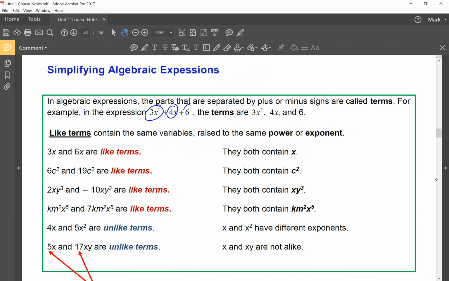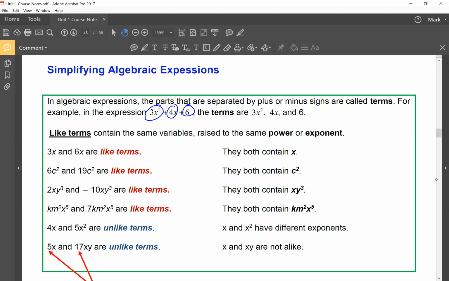So in this example, there are three terms. This is what we would call a polynomial. More specifically, it's a quadratic, which we'll get into later. 3x squared is a term. It includes a coefficient, the 3, a variable, the x, and an exponent, 2. 4x is a separate term.